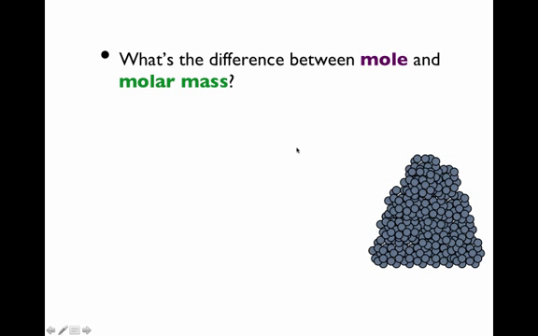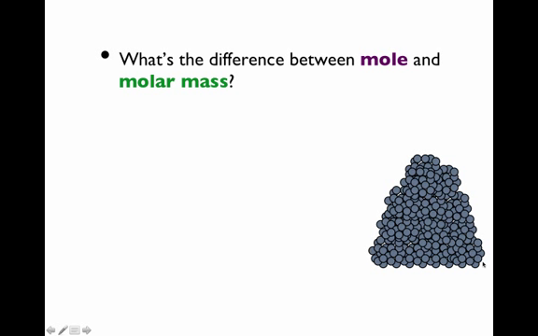If it's a little bit confusing, and I know that students sometimes are confused by the difference between a mole and molar mass, what's the difference between a mole and molar mass? Another way of thinking about it is, imagine that I have a pile of atoms here. And let's pretend, although this is not 6.02 times 10 to the 23 atoms, let's pretend that it is.